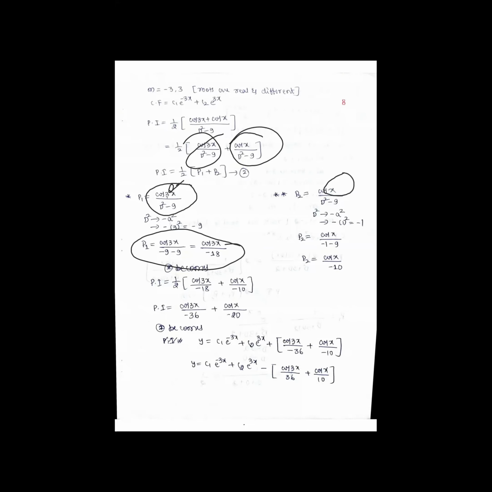That is 1. So d square is replaced by minus, you take the sign separately. So 1 square, that is 1 only. So minus 1. So d square should be replaced by minus 1. Minus 1 minus 9. So P2 is equal to cos of x divided by minus 1 minus 9, that is minus 10. So I got both P1 and P2.